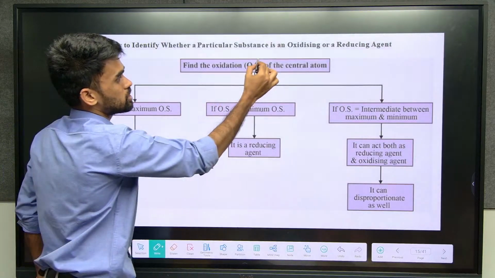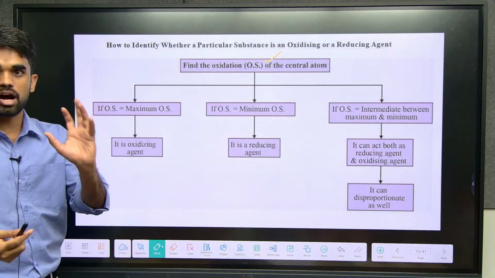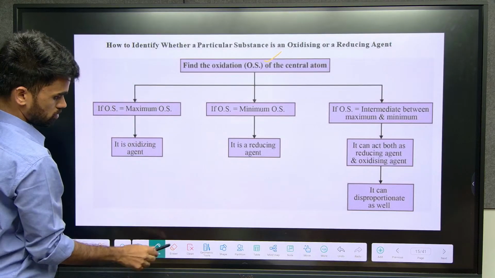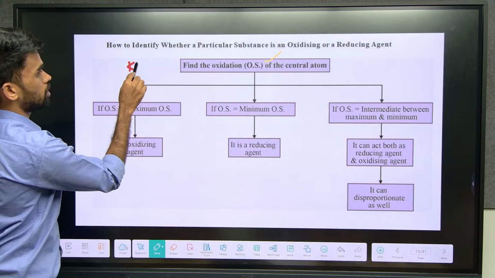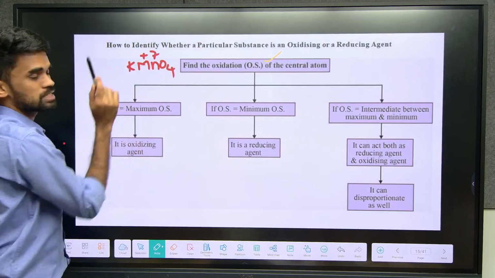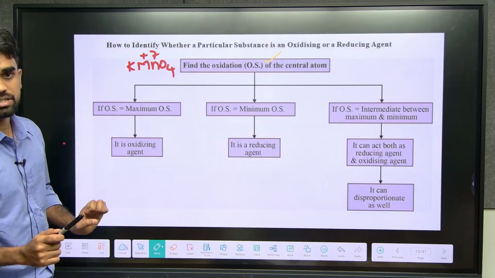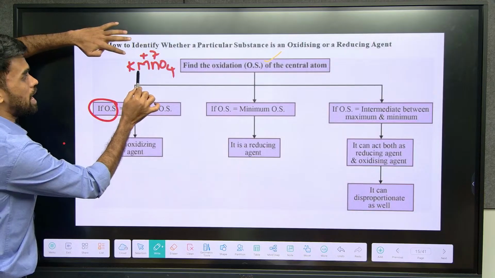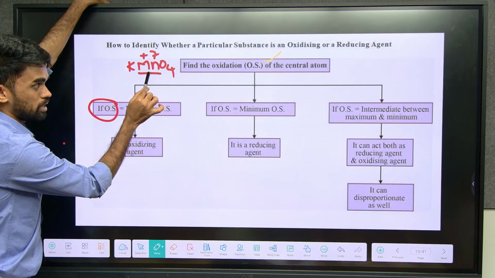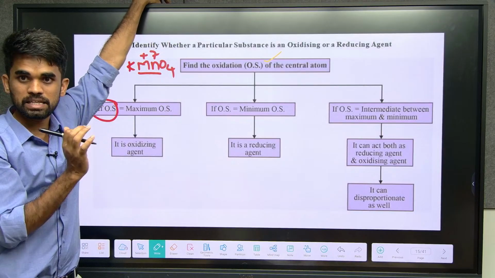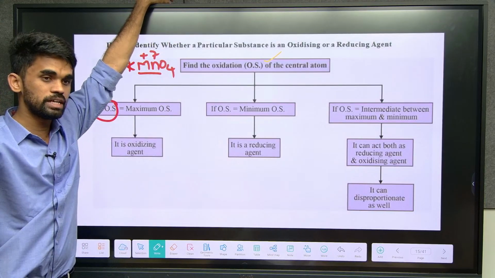See, you just find the oxidation state of the central atom first in a given compound. For example, I am giving you KMnO4. Find the oxidation state of the central atom. Once you find it, if the oxidation state of that central atom is the maximum oxidation state for that element, what is the maximum oxidation state possible for manganese? +7, because 3d5 4s2.